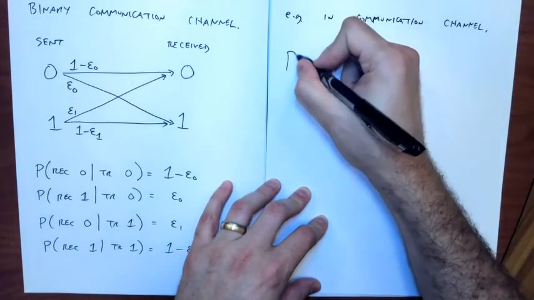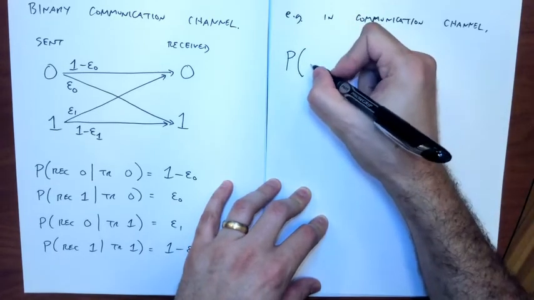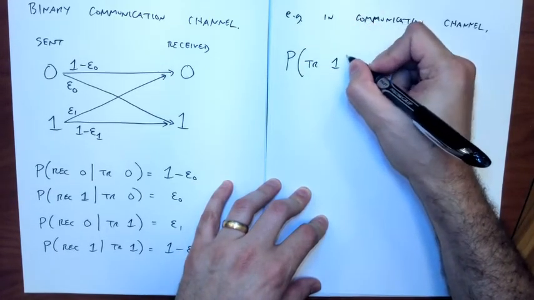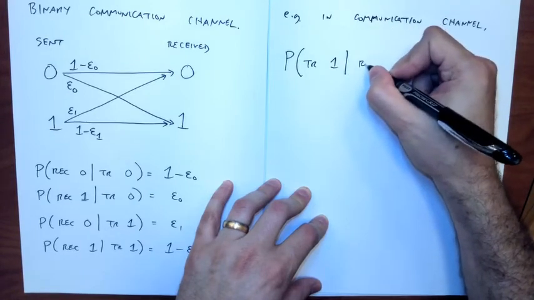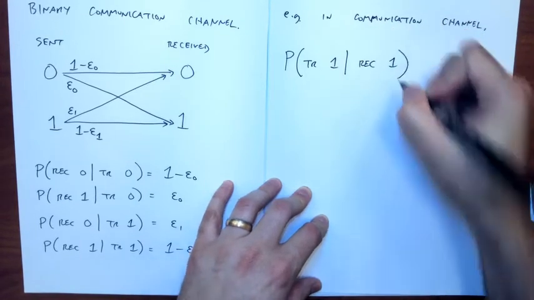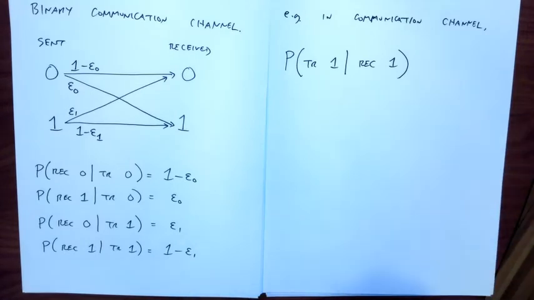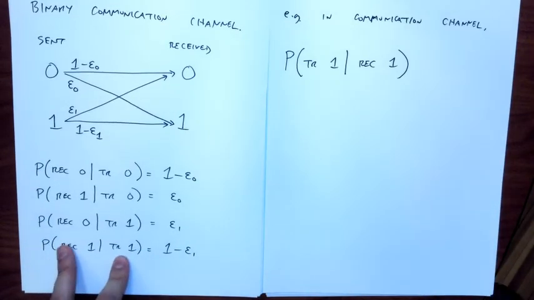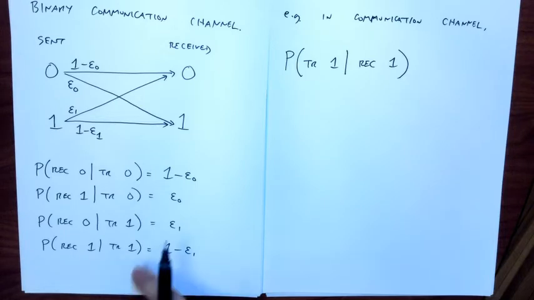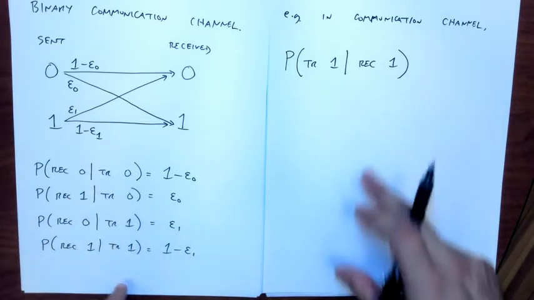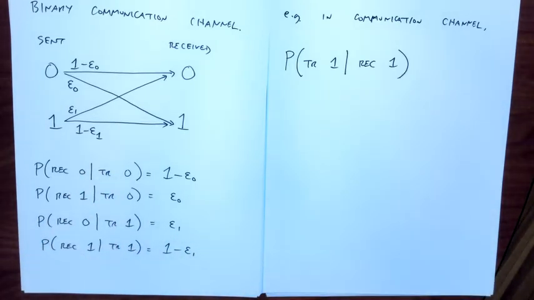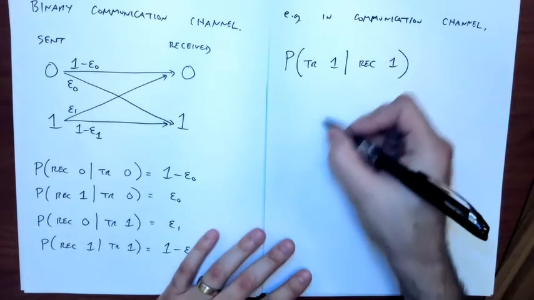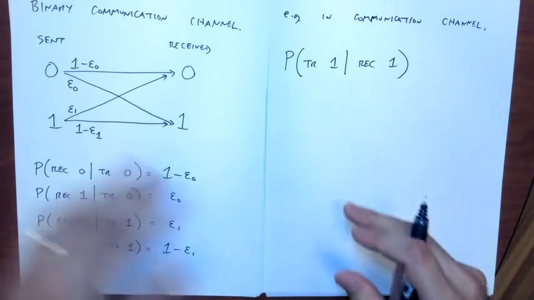What I often care about is what is the probability that a 1 was transmitted given that a 1 was received, right? Which is exactly the opposite of what I'm telling you as the operator of the system. These things are easy for me to characterize. This is like saying, okay, I got a 1, how much do I trust that 1, right? So now I can apply Bayes' theorem to undo and get back to what I want, the probability that I transmitted a 1 given I received a 1.